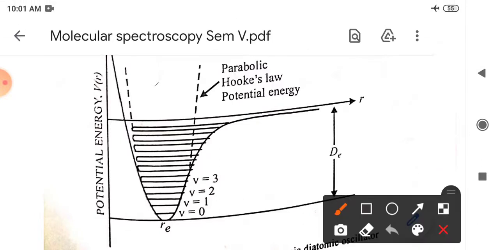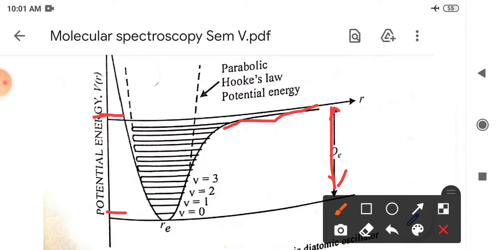This is the dissociation energy of a given molecule. Whatever amount of energy is required for the molecule to attain a constant potential energy, that particular energy corresponds to the dissociation energy of the given molecule.